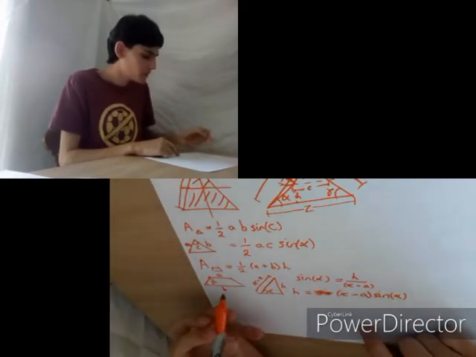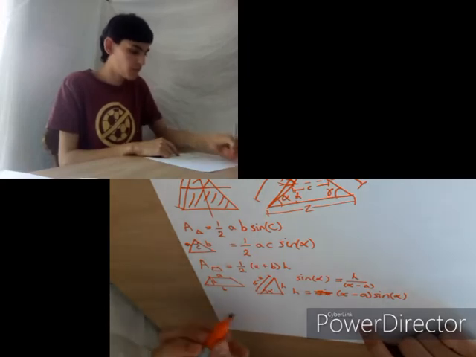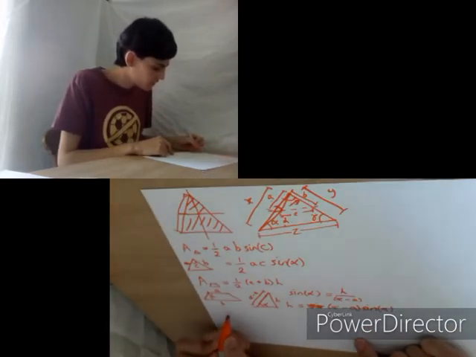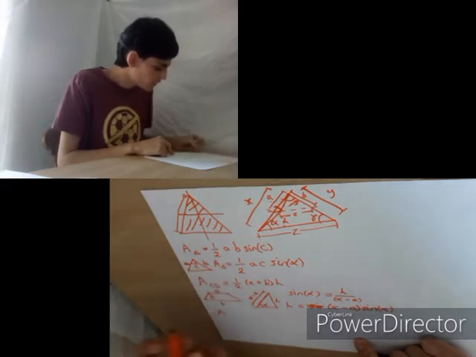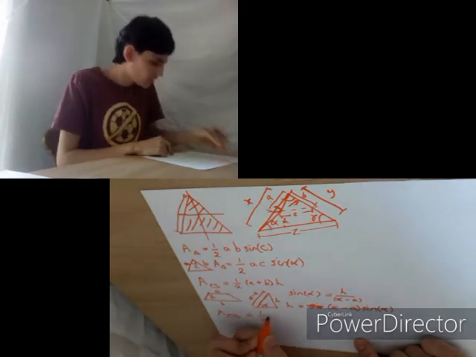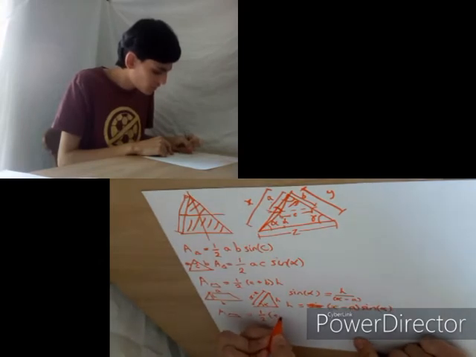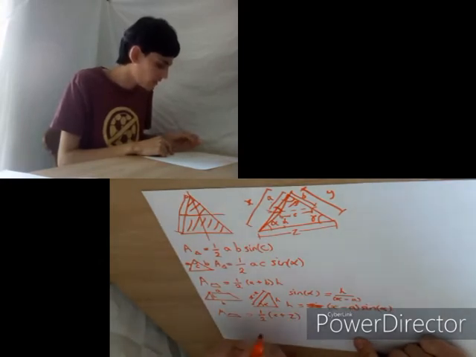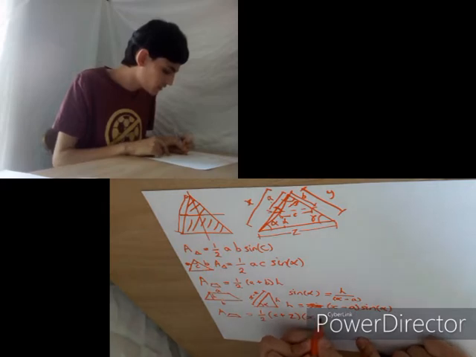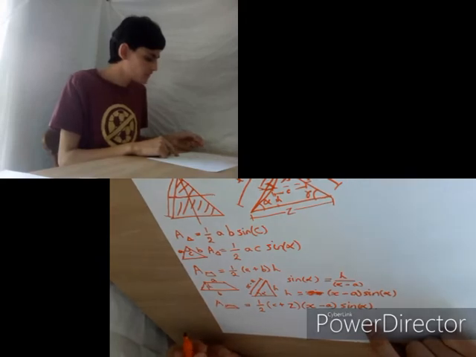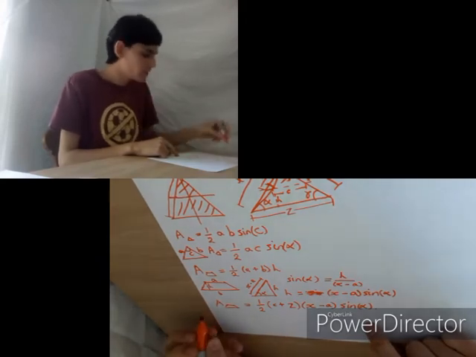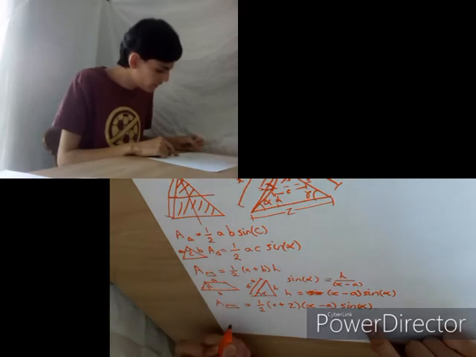Now we can plug these into the formula for this trapezium, and we get that the area of the trapezium equals half C plus Z, which are A and B in this case, times X minus A sine alpha.